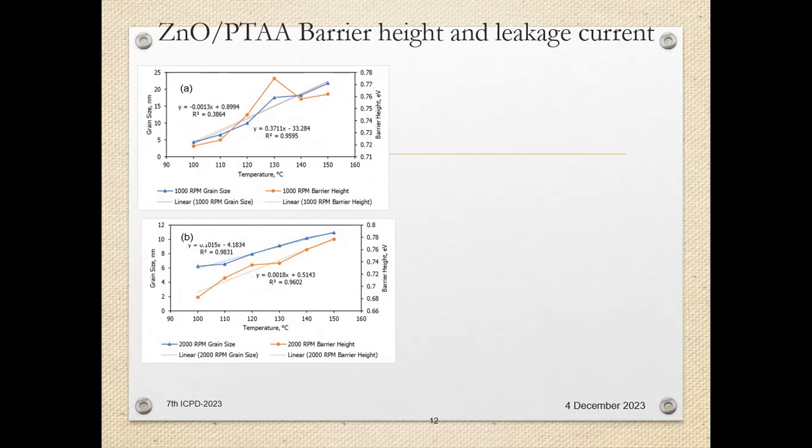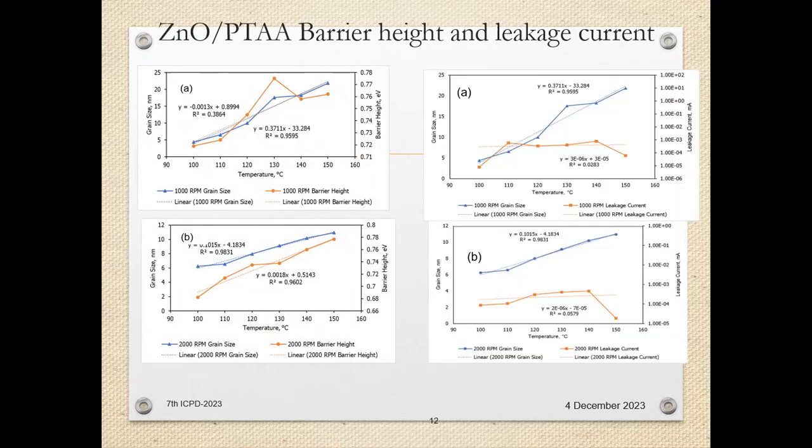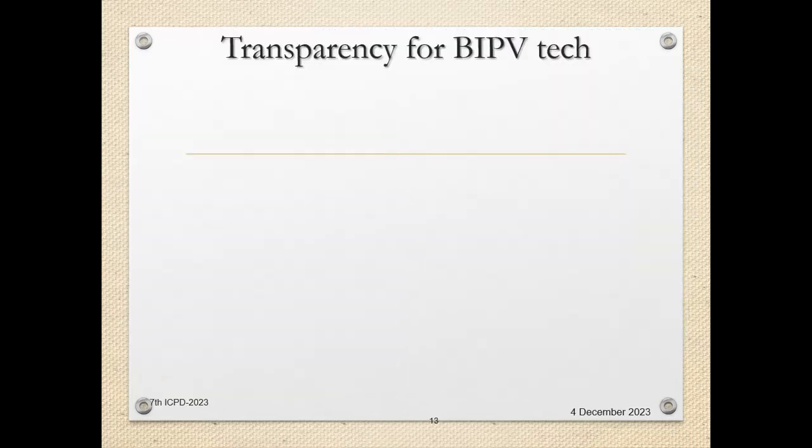But whenever we look at the leakage current, the barrier height or grain size does not have a specific impact on leakage current reduction, because we guess that it is due to the lack of an interface barrier layer introduction, and that's why we get the rectifying ratio in the devices.